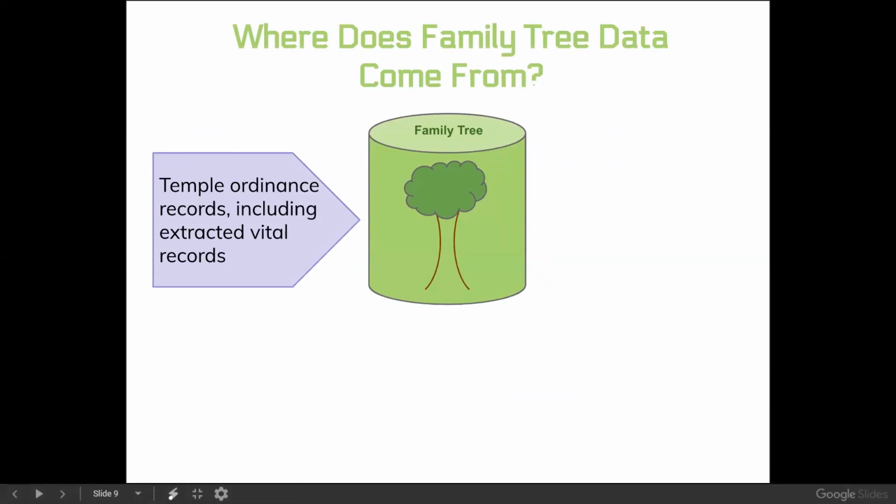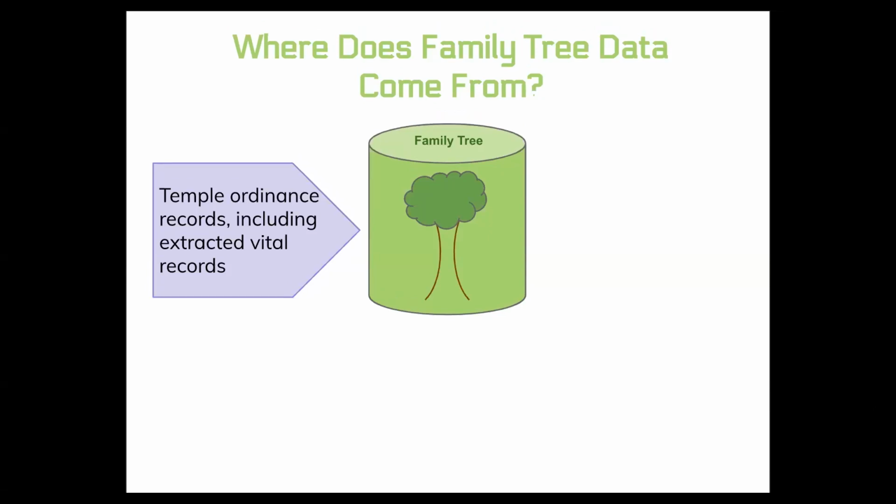In case you're not familiar with extracted records, the extraction program was just the precursor to the indexing program, but it was basically the same thing, where volunteers would write down information about births, marriages, and deaths from church and government records. And then those were put eventually into Family Tree. They were put into different predecessors, of course, but at this point, they all ended up in Family Tree.